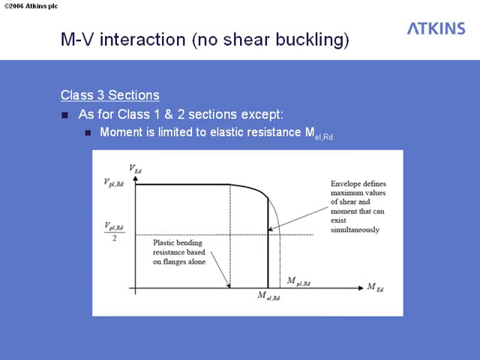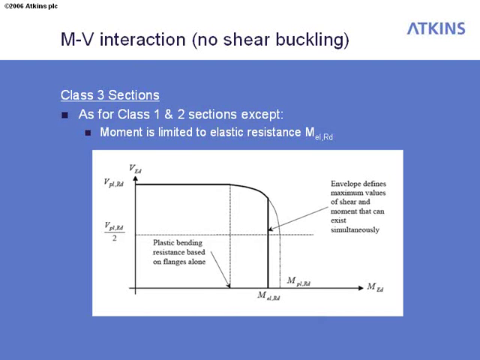But as you can see, if you have the elastic moment resistance, you just draw a vertical line up to where that line intersects the interaction curve, and that's then the interaction that you get.